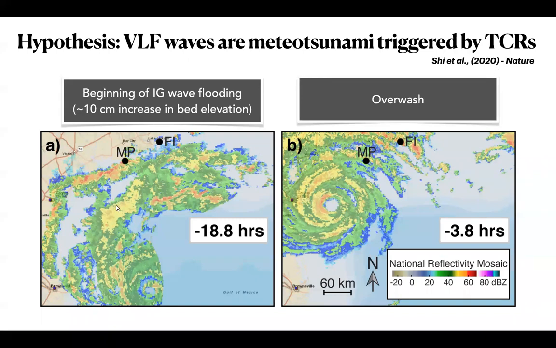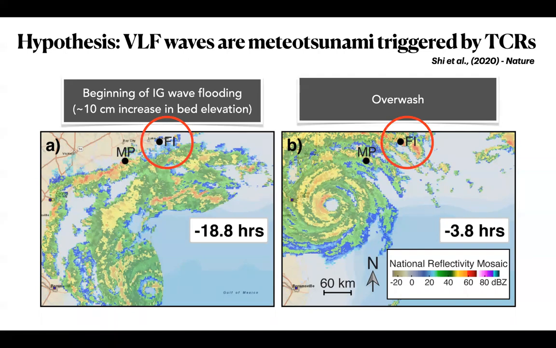Here I'm showing the radar offshore of the Matagorda Peninsula field site, both early in the storm, at the beginning of the time period when we start to see wave flooding at Matagorda Peninsula, and we saw a large increase in bed elevation, and also during overwash. So here are the rain bands.